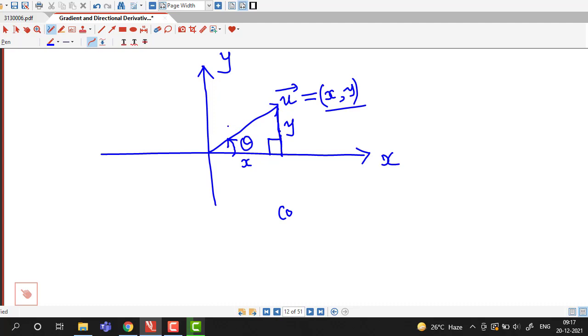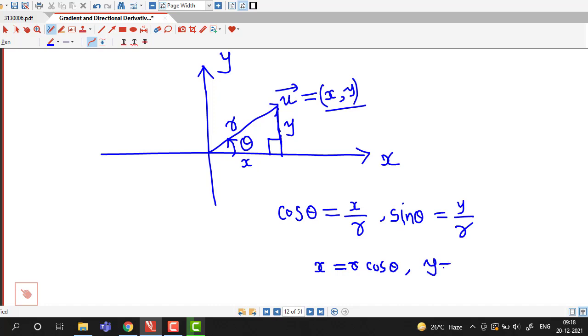If the length of u bar is r, then cos theta is x divided by r and sin theta is y divided by r. Or we can write x as r cos theta and y equal to r sin theta.